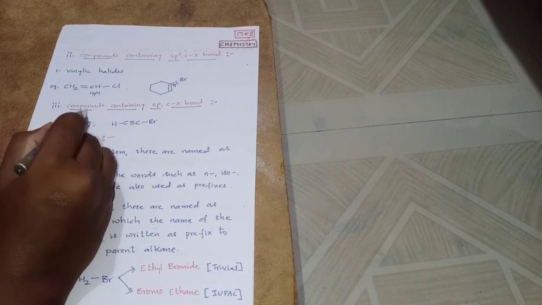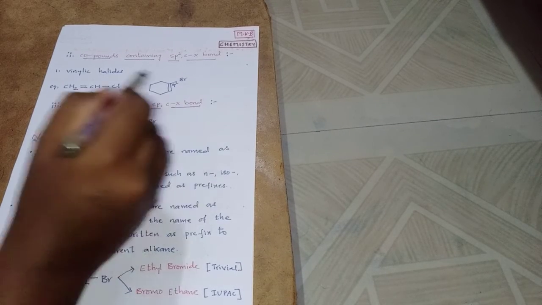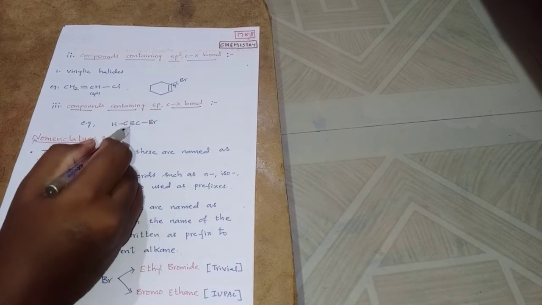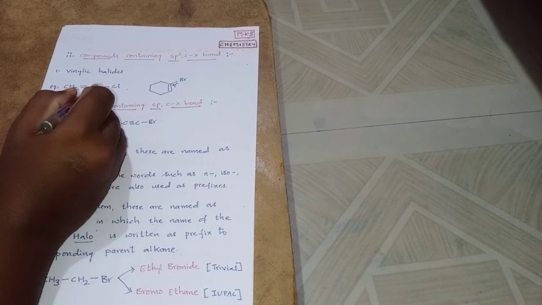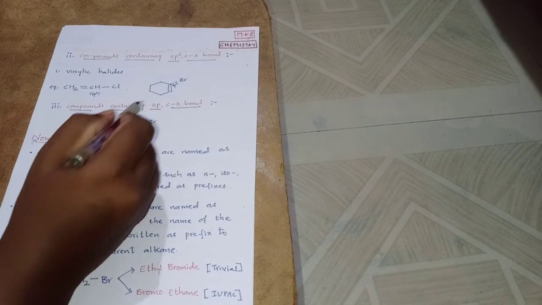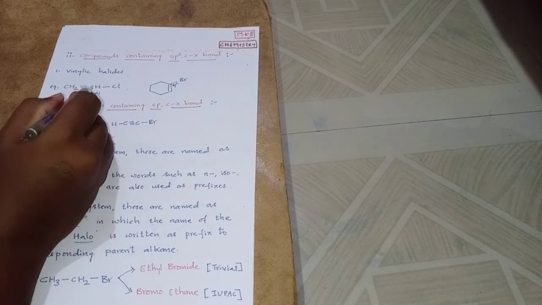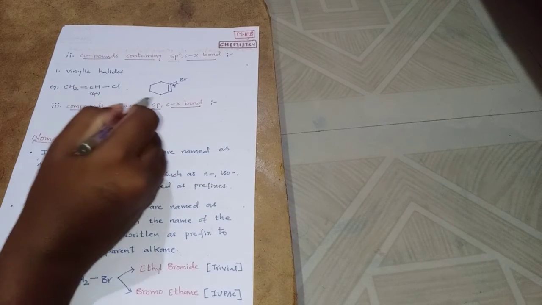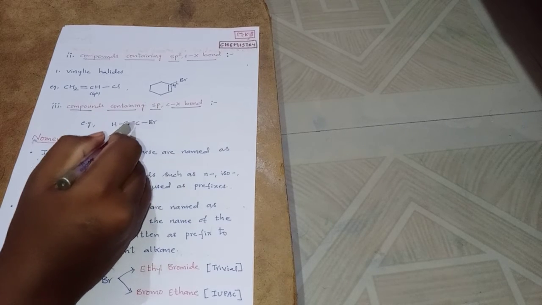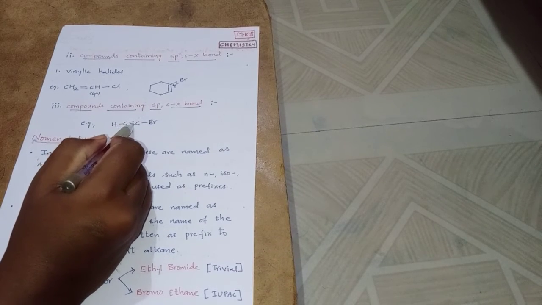Then the compounds containing sp hybridized C-X bond. sp3 means around the carbon are single covalent bonds, sp2 means the carbon is doubly bonded, and sp means the carbon is triply bonded. So this is an sp hybridized carbon, and the halogen bromine is attached to it.